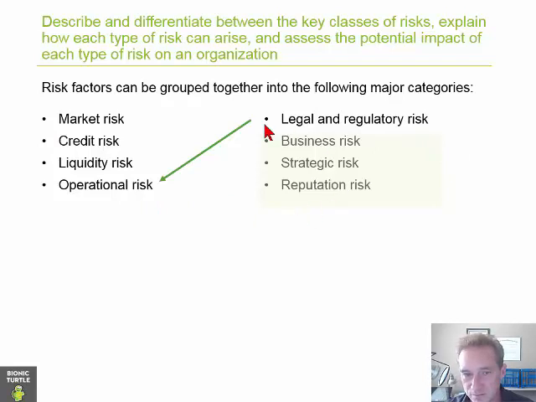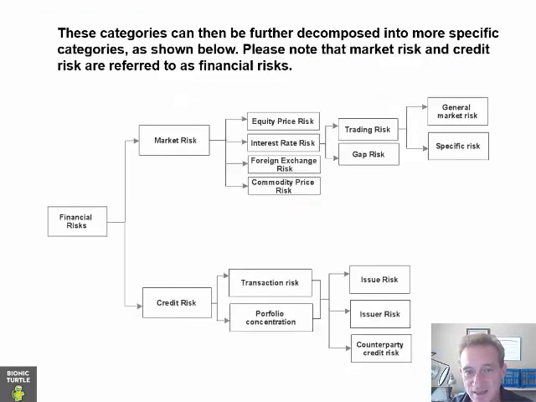So those two frames would inform the division, but that's not here. These are all top level, and they're also not exhaustive. But it's just to make a small point here that I'd recommend you think of legal as a subclass of operational, and think of these three, business, strategic, and reputational risks, as specifically not part of operational risk, or what we're really studying, which is operational risk as a type of financial risk, and that is not these three. Okay, enough on that.